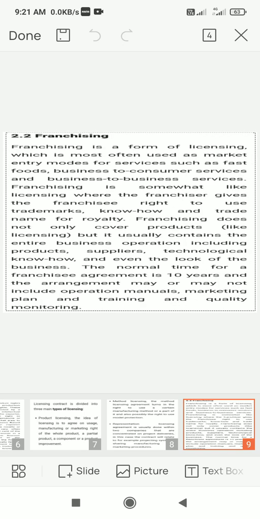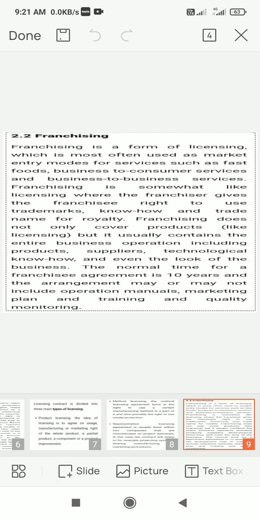Next, franchising is another point. Franchising is also one kind of licensing. You have seen McDonald's, Domino's, KFC. So you can take the franchise of that particular company.